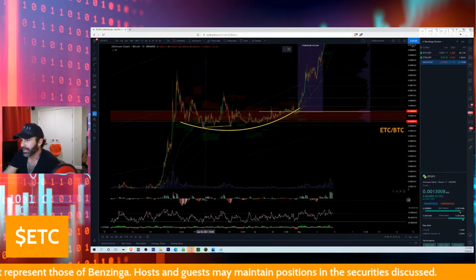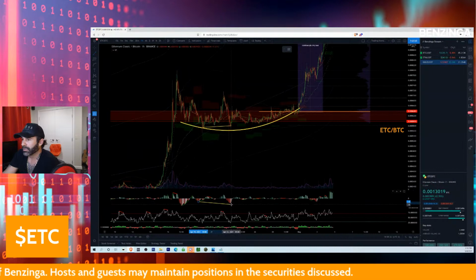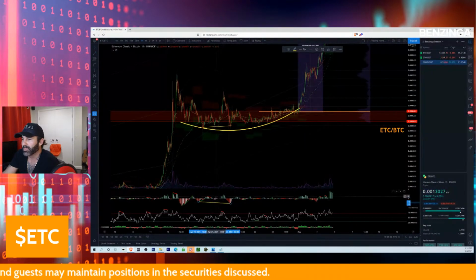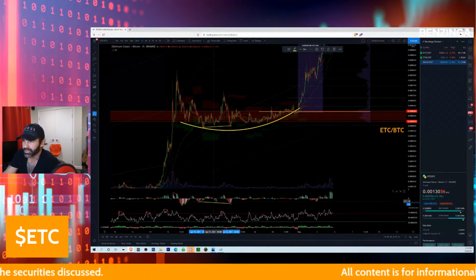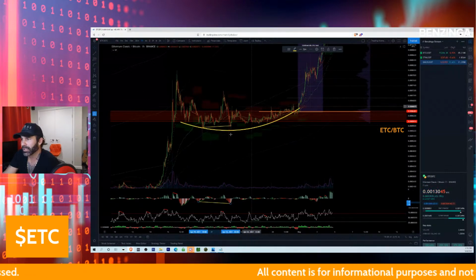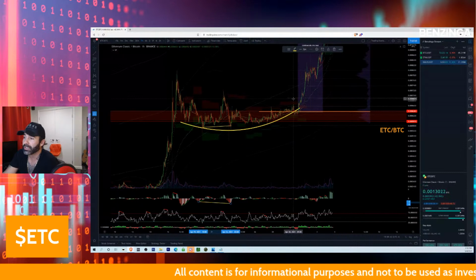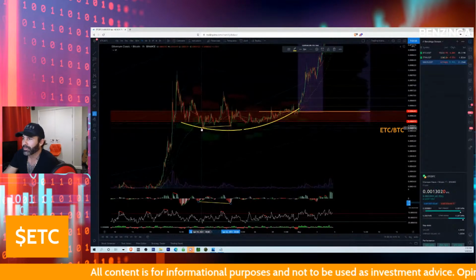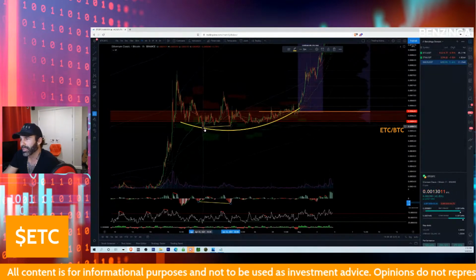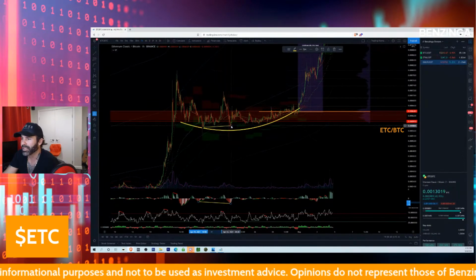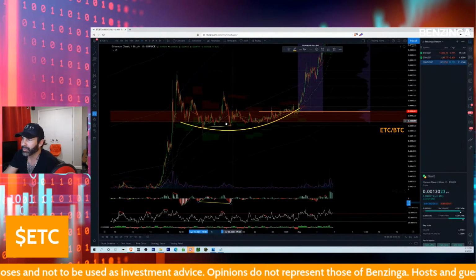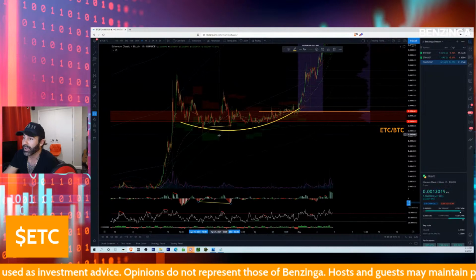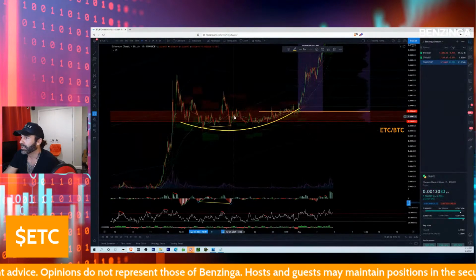And at the same time, you've got lower levels of negative momentum. That's hidden bullish divergence. It's not a reversal indicator, it's a continuation indicator. That just means that as these higher lows are put in, this is telling you that the bull trend is going to continue after this point.